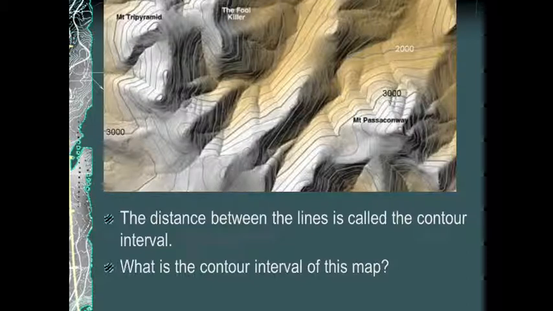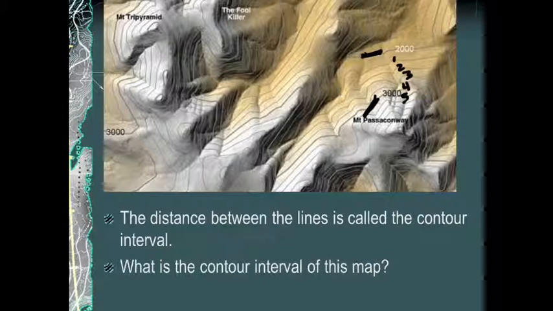So right here, we have a height of 3,000. Right here, we have a height of 2,000. And now we have to see how many lines are in between them. So we have the 2,000, then we have 1, 2, 3, 4, 5 lines to get up to 3,000.